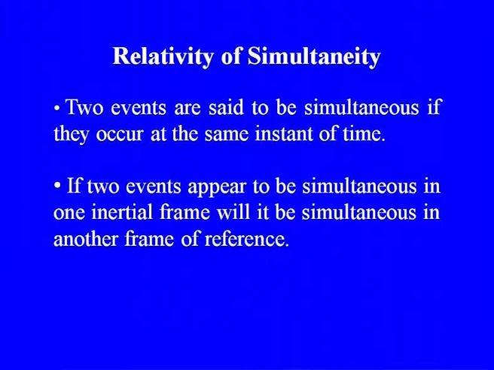That's the basic definition of a simultaneous event. But the question is, if these events are simultaneous in one inertial frame, are they going to be simultaneous in another frame of reference? When you talk of inertial frames, the frames are moving with uniform velocity with respect to each other. So, if it is simultaneous in one frame, is it going to be simultaneous in another frame?